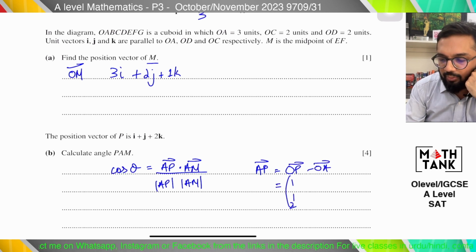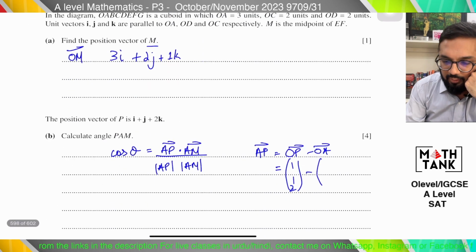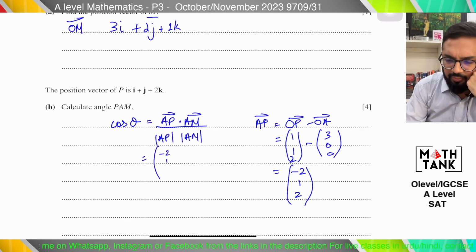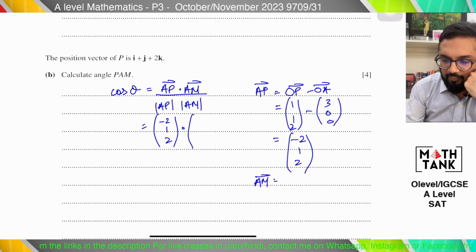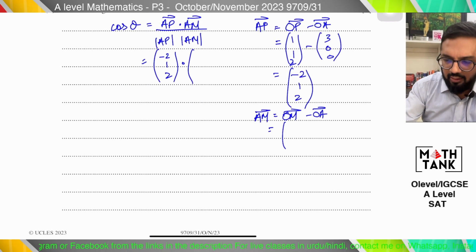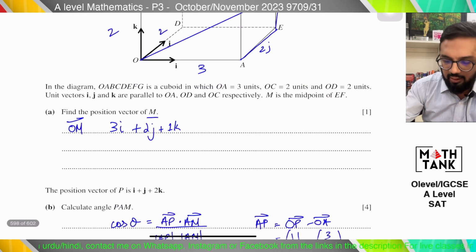OP is 112 and OA is 3I, minus 212. AM is OM minus OA. I can just write 2J and K for that: 0, 2J and 2 and K, 1K. I can see AM on my diagram.